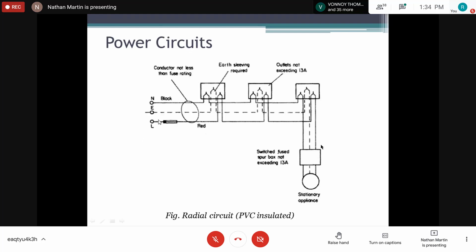So we go from our live to our connection, then from our connection to another socket outlet, and then from that socket outlet to the next socket outlet and so on, right? So this is what we term as a radial circuit. And if the connection was to break here, then all the circuits beyond this point will not have any power, all right? So that's basically the disadvantage of a radial circuit.